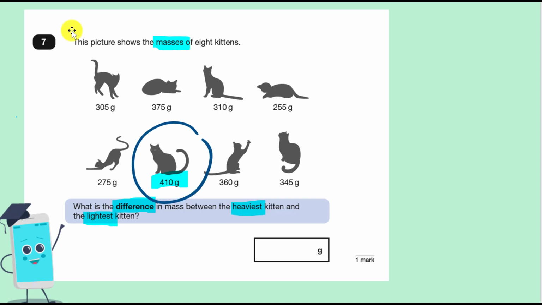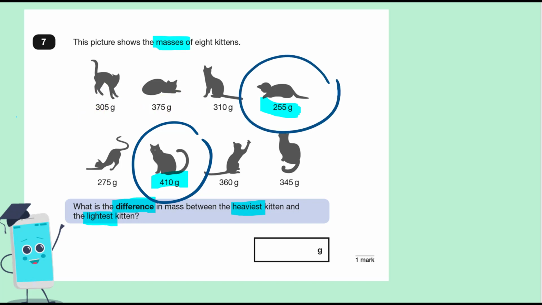Let's look for our lightest kitten. So 345, 360, 275. So far 275 is our lightest. 255, so that's lighter. 310, 375, 305.